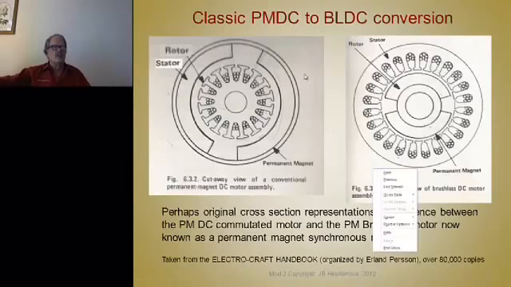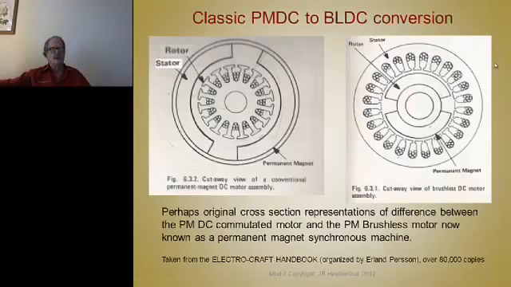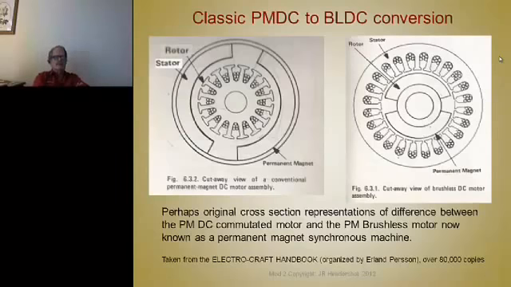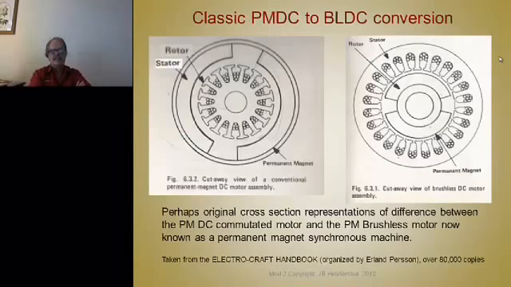So the letters BL stand for brushless DC motor. So that's where BLDC comes from. It had nothing to do with what the shape of the back EMF is. A lot of people think it did, but it had nothing to do with that at all.